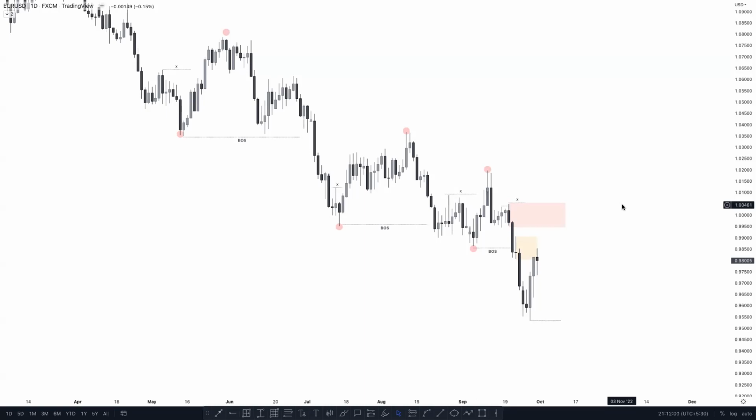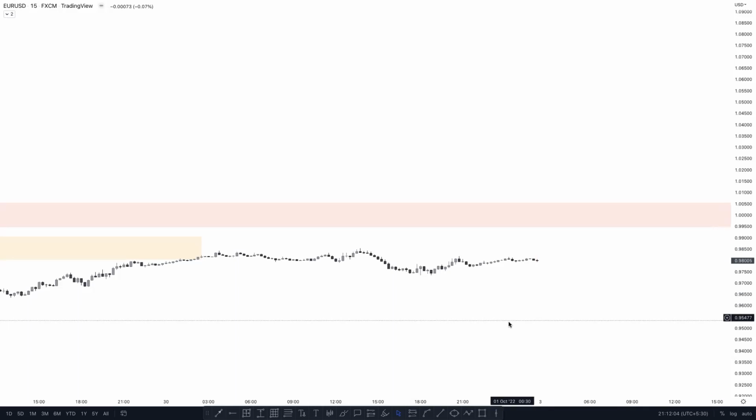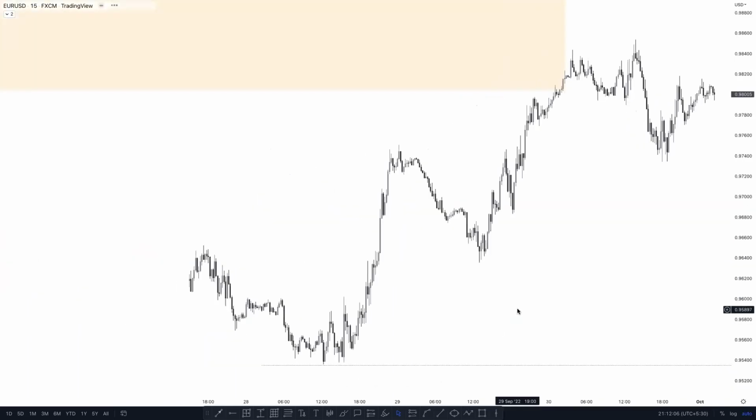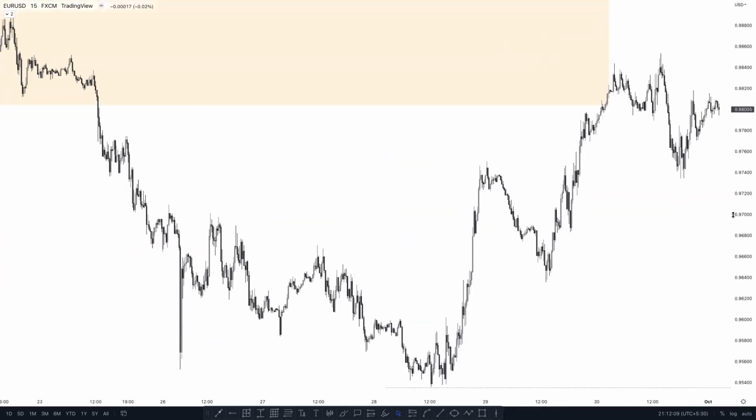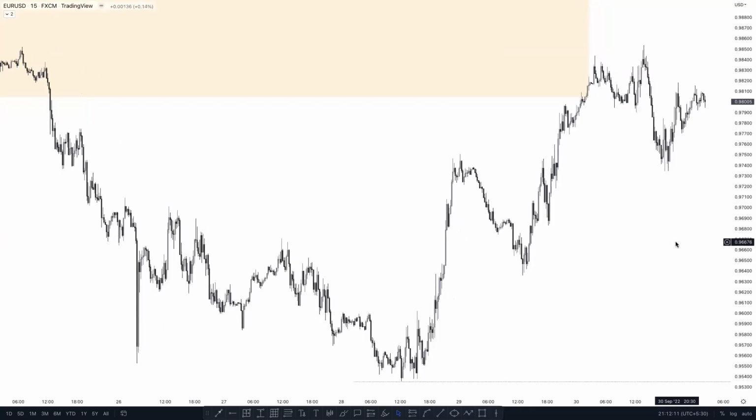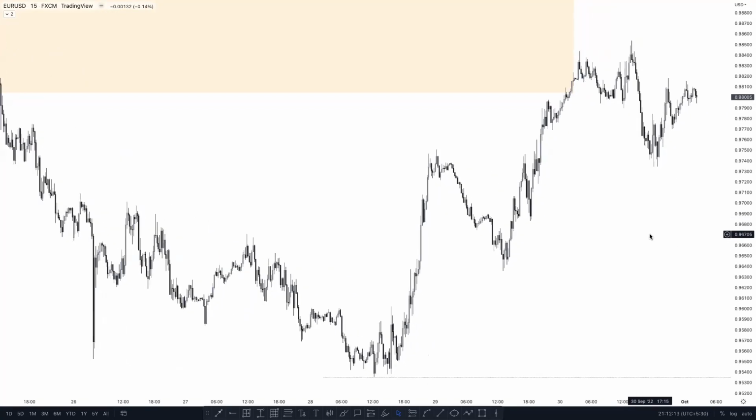Okay, now let's switch to the 15-minute, then we can see a clearer picture. So right now, this is our 15-minute structure. Everyone mark the major 15-minute higher high and higher low. In this wave, mark the correct structure, everyone.